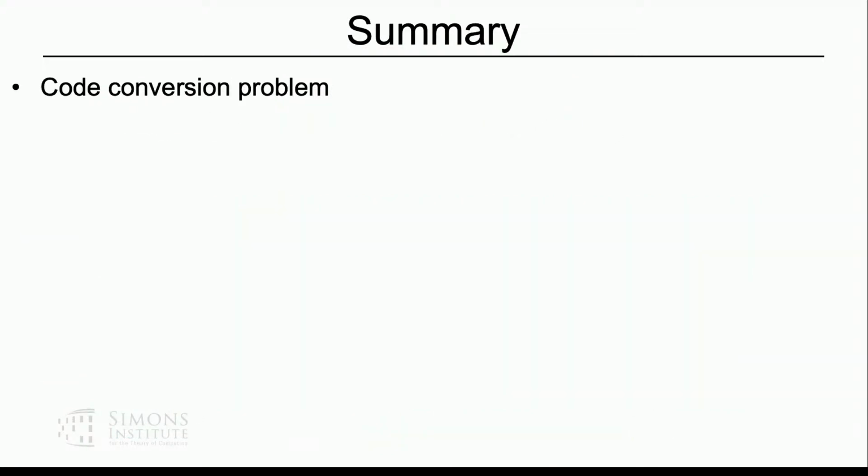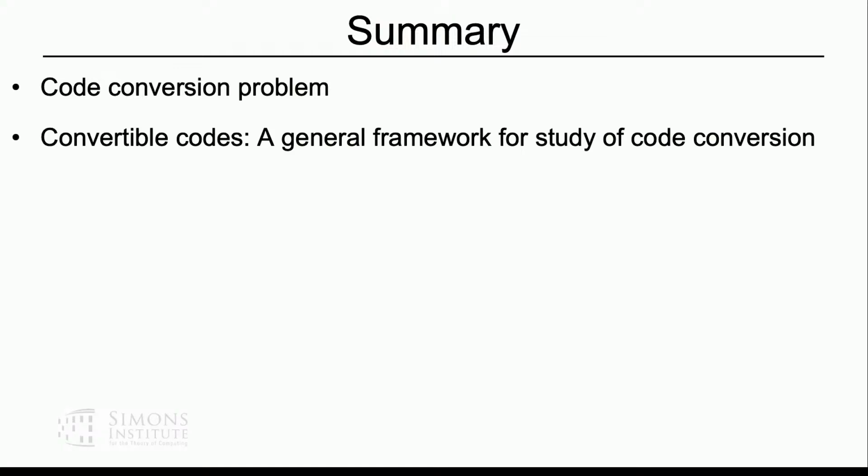In summary, I presented this new exciting coding theoretic problem called the code conversion problem, which arose from the application of adaptive coding in large-scale distributed storage systems. I presented convertible codes, which is a general framework to theoretically study this code conversion problem.